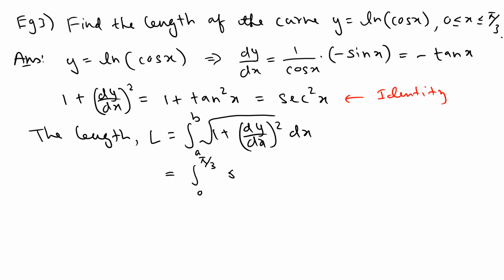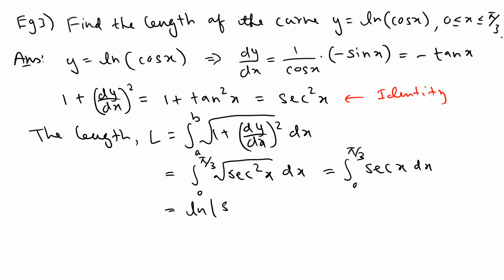We simplify, this is the square root of secant squared x dx, but we know that in this domain this is positive, so you can simply cancel out, and you get the integral of secant x dx. And we know that the integral of secant means natural log of secant x plus tan x.